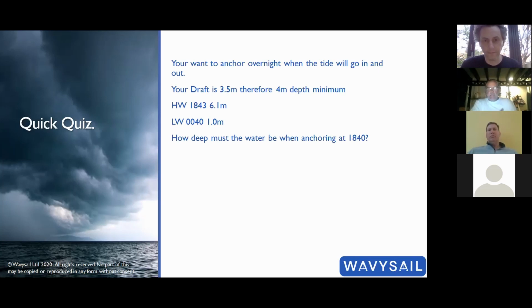So what we're looking at is saying, how much chart datum do I need under my 1 meter of tide?